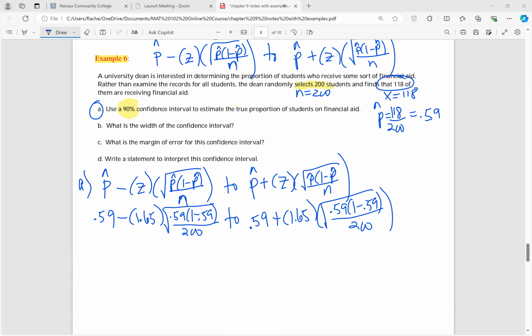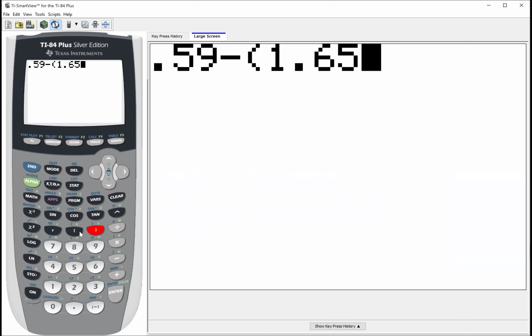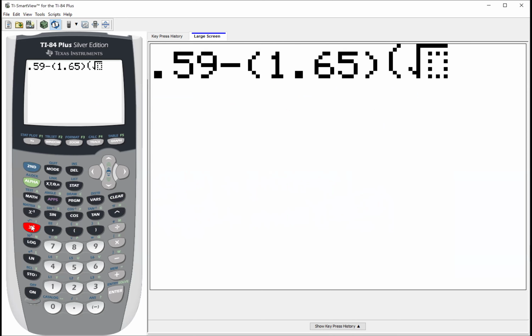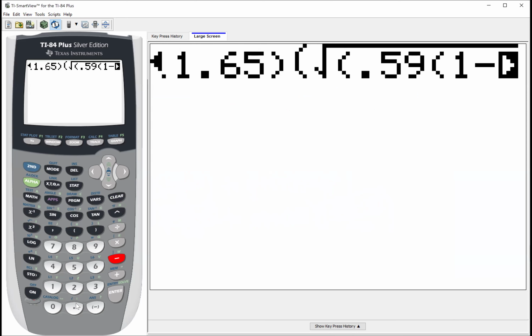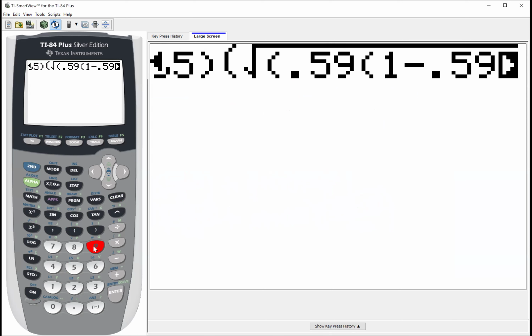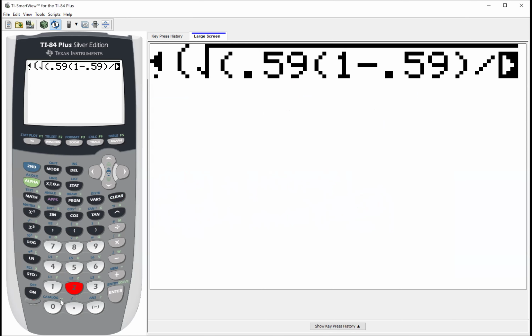So let me share my calculator screen. We're going to take 0.59, subtract the z-score 1.65 times the square root of 0.59 times 1 minus 0.59 divided by 200.